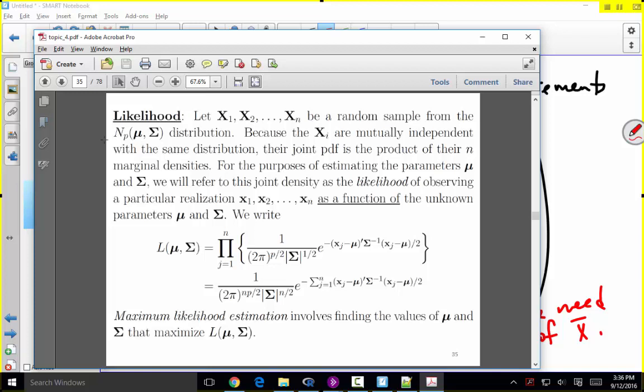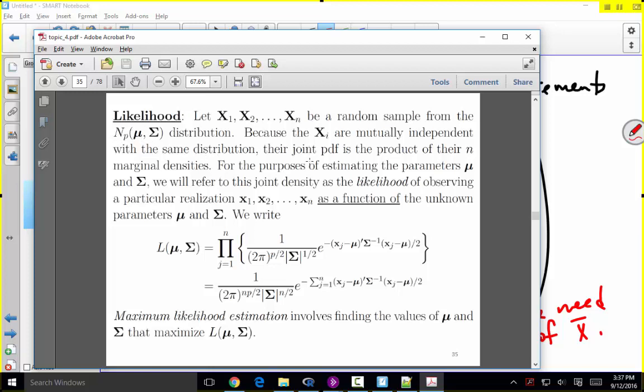We're going to say multivariate normal for now. The xi, the individual observations here, because this is what we're calling a random sample, they are all independent of one another. That's what we mean by random sample. And they all come from the same exact distribution.